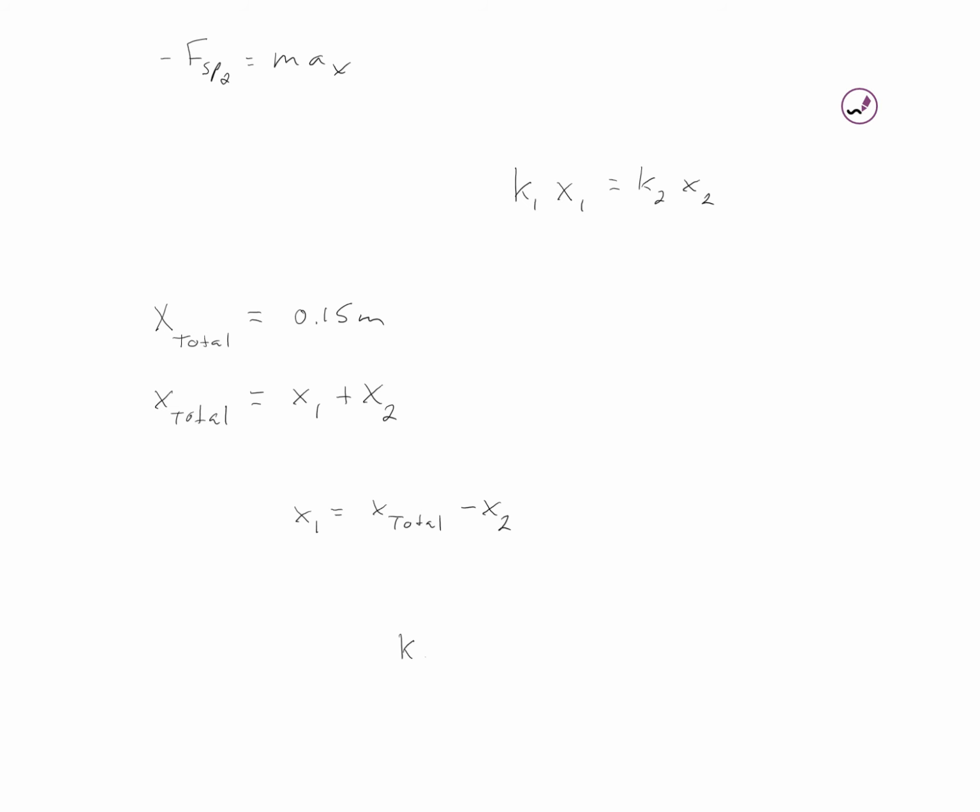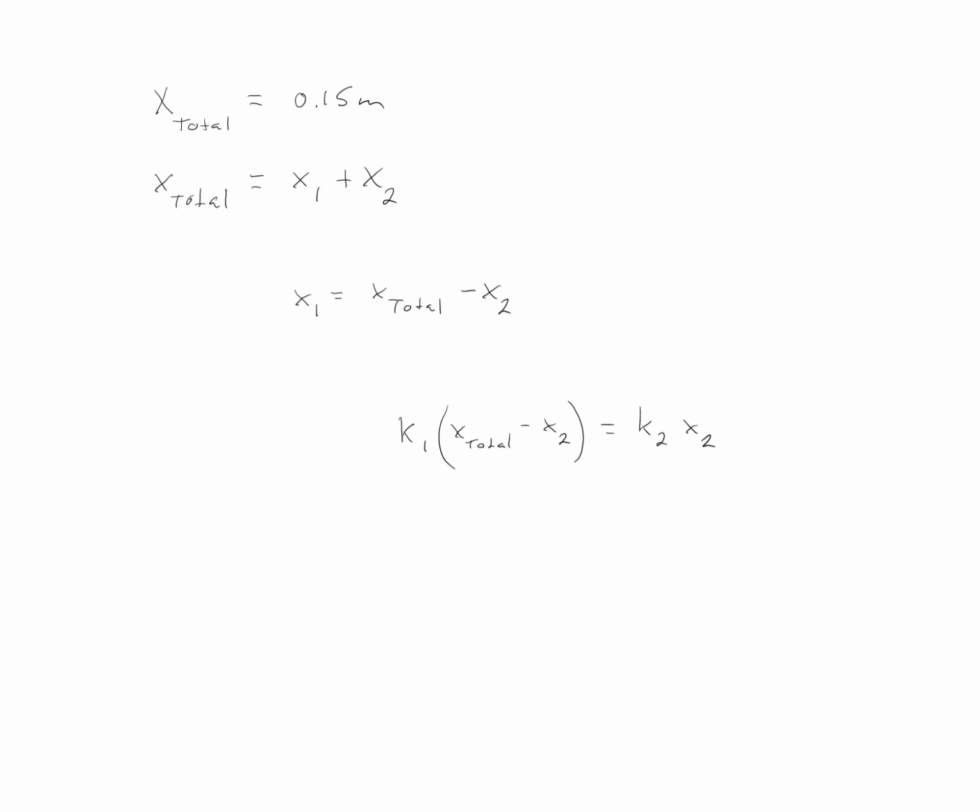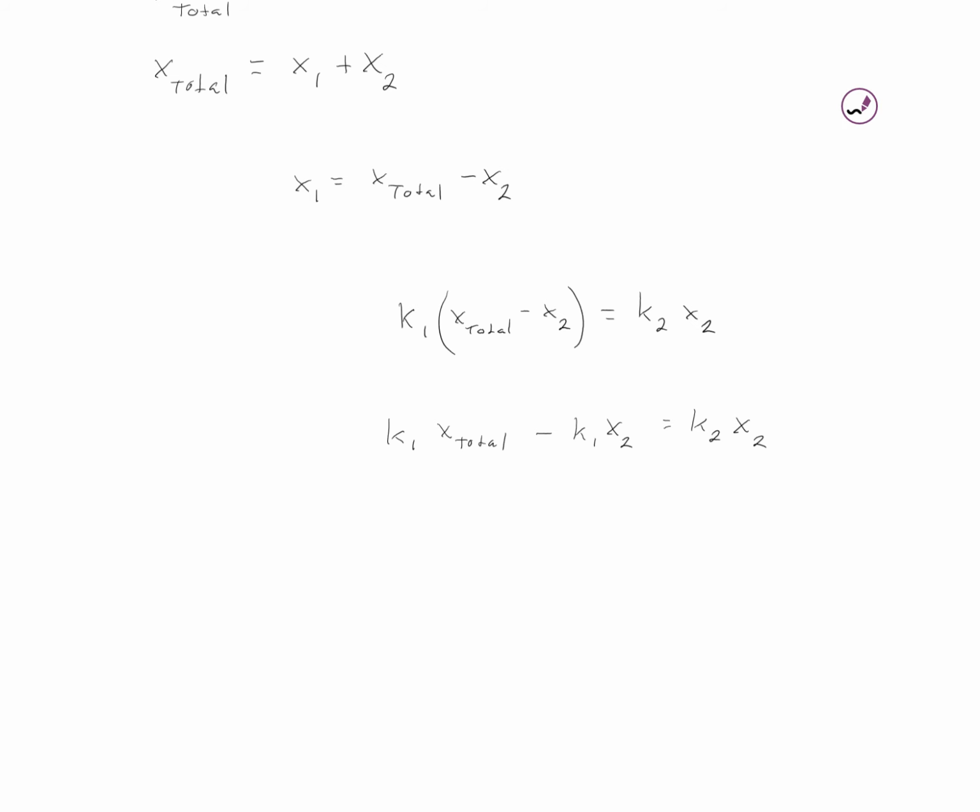So we have K1, and we'll go ahead and distribute the K. And we'll go ahead and move the x2 terms to one side.